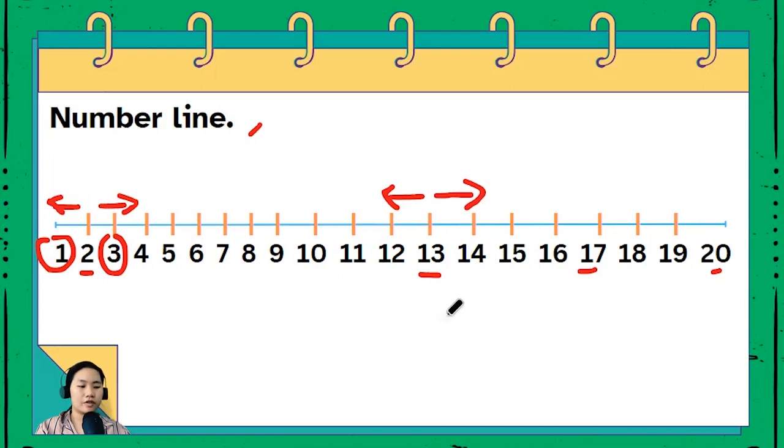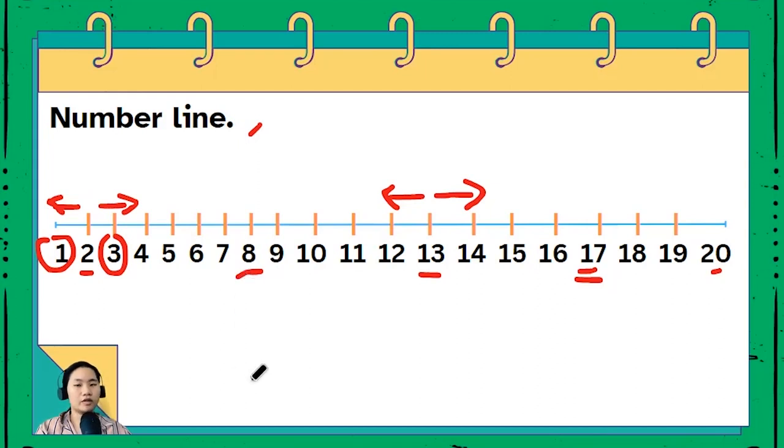It is after, therefore, 17 is greater than 13. The same with 8. Is 8 before or after 13? 8 is before 13, so 8 is less than 13.